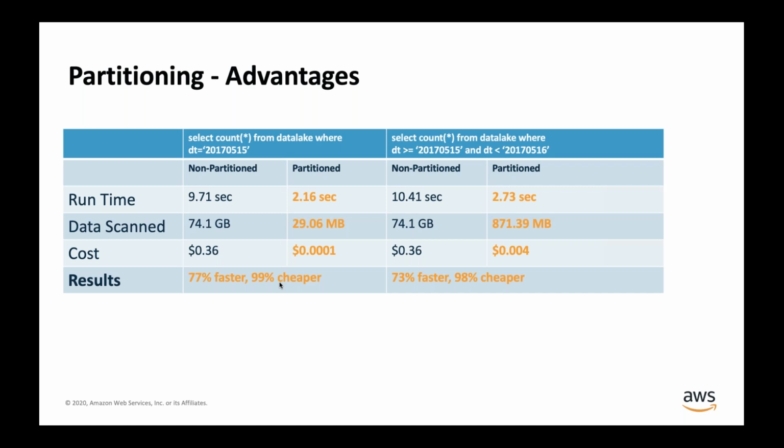There's a huge cost benefit, because of the way the tools behind the scenes operate. In a non-partitioned data set, it's got to crawl or scan the whole thing. And as that data set grows, so does that scanning time, and so does the cost. So it really is a necessity to have some sort of partitioning strategy in place for the data lake.